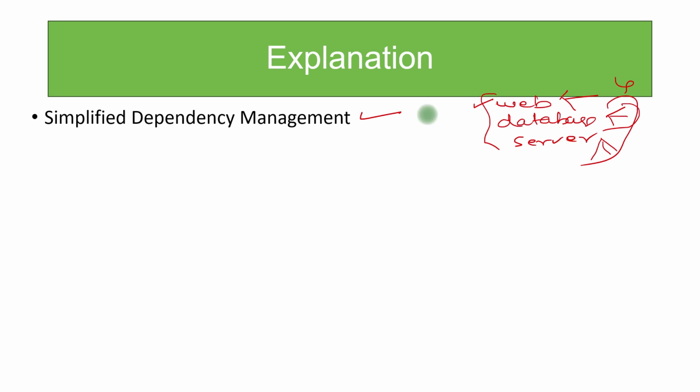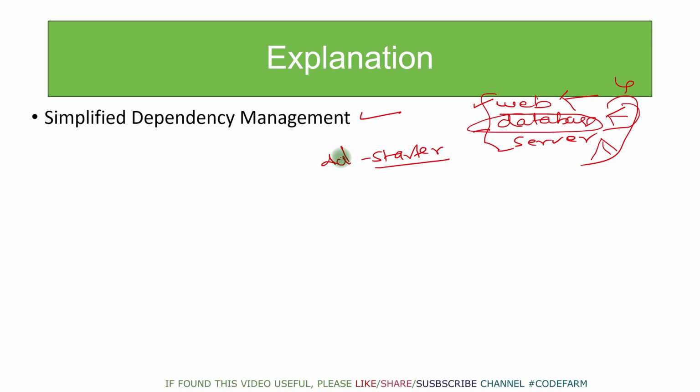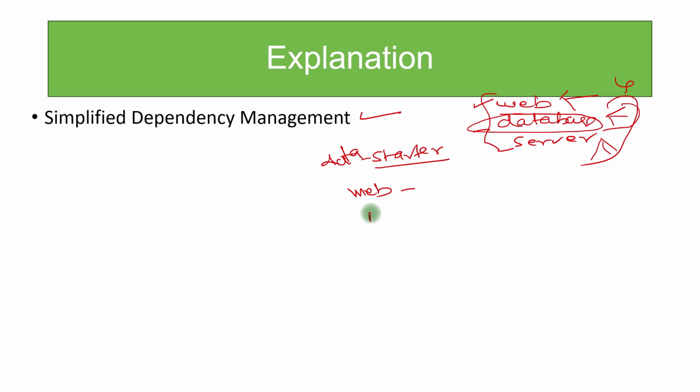And one more thing: if I have to use web-related things, there are servers and databases, right? So there is a concept of starters in this. There is a data starter, a web starter, an AOP starter, and a Kafka starter.